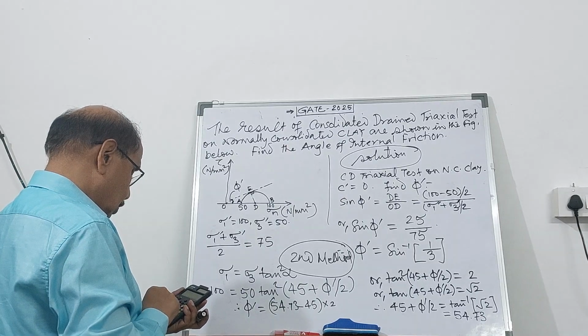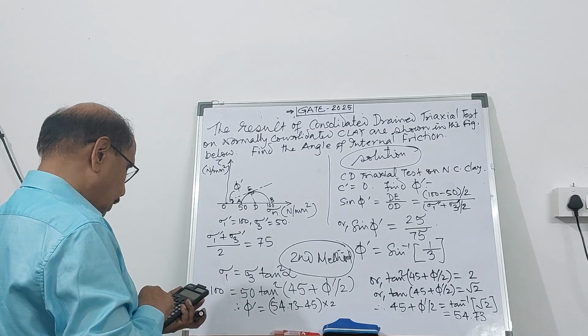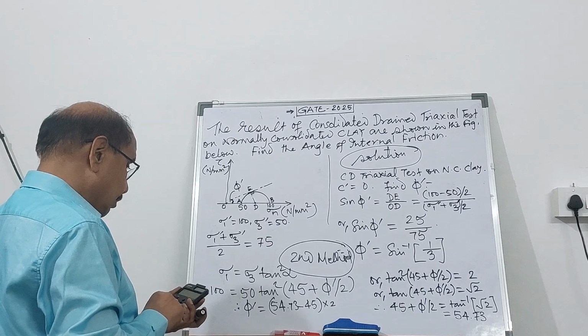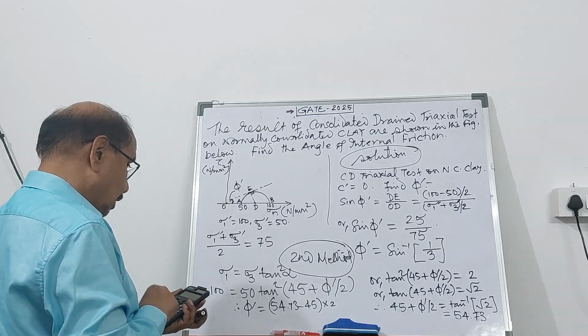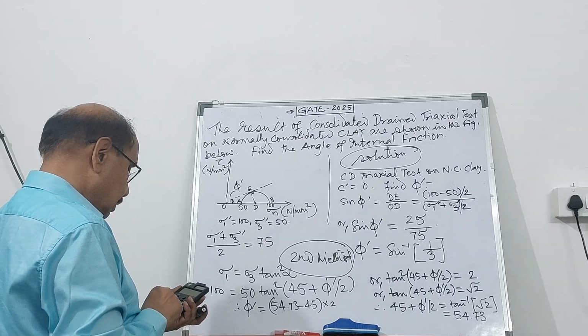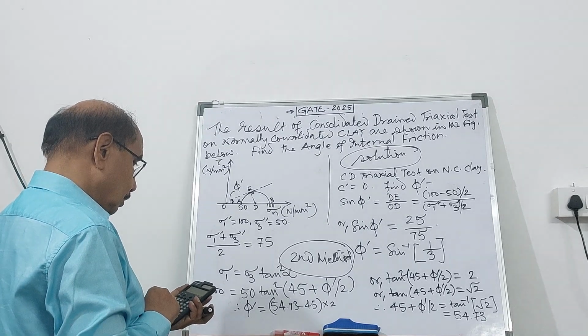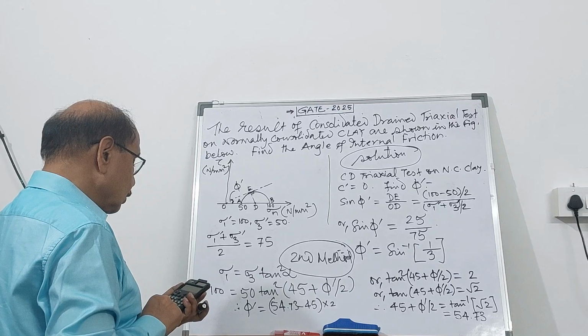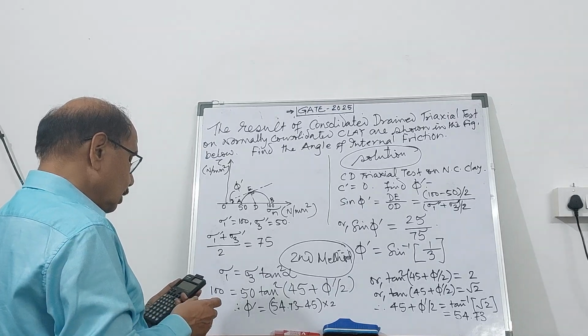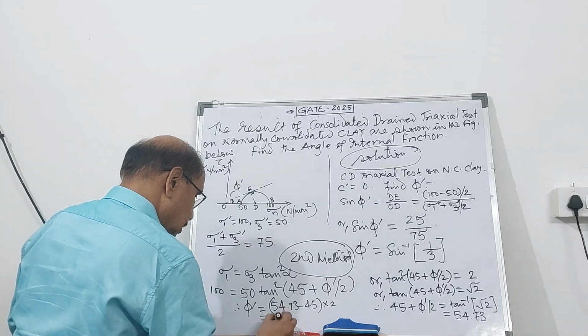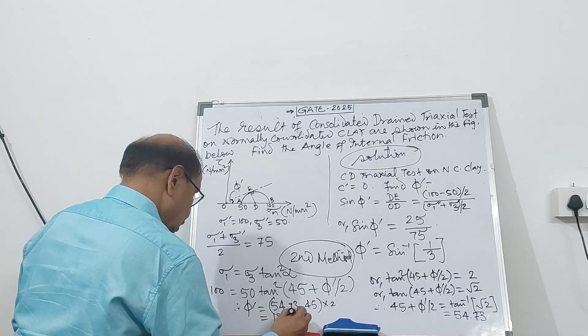So 54.73 minus 45 multiplied by 2 is 19.46 degree.